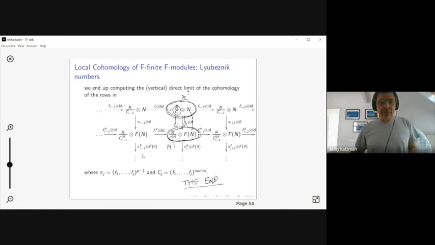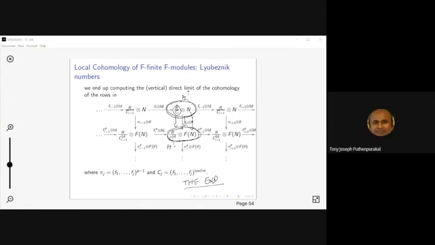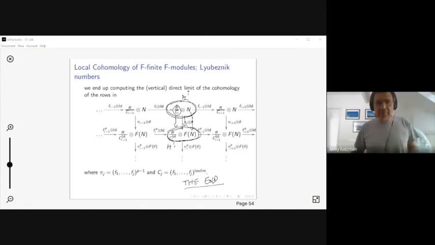Now let me show you a calculation so that you see that this is actually useful. To show you this calculation, I'm going to take an example. So I hope that people can see an example. Can people see a matrix? Okay. So this is an example of a calculation of a Lyubeznik numbers array of some ring.